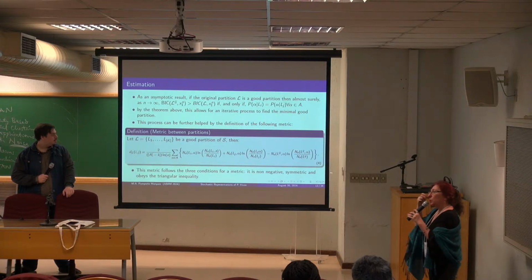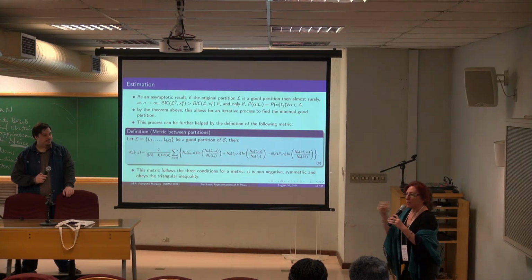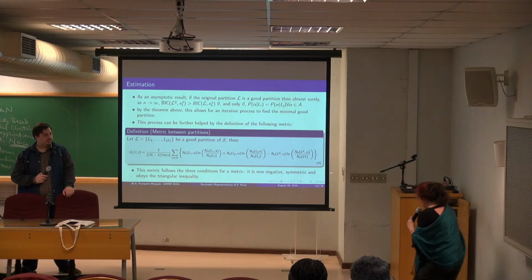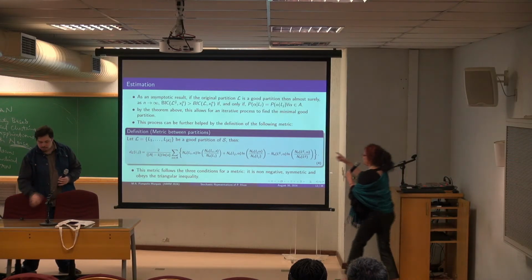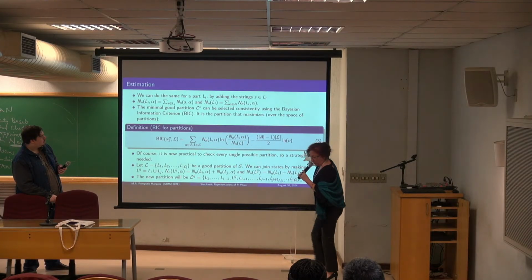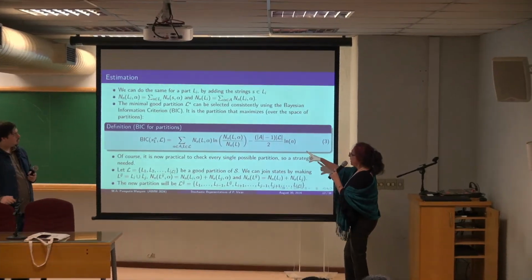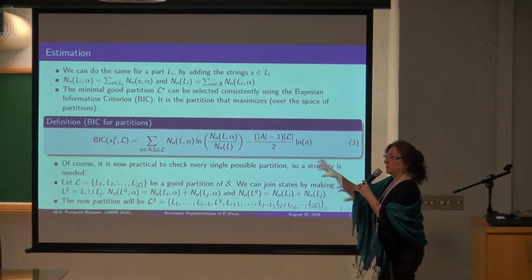So we proposed the model and we decided to use the Bayesian information criterion to achieve a good estimation. If you look at this expression of the Bayesian information criterion, you need to maximize it.